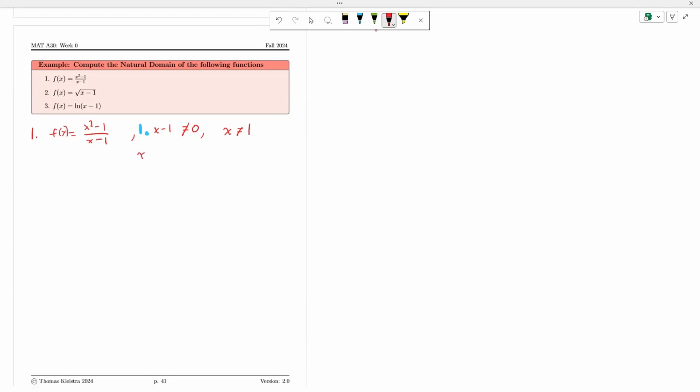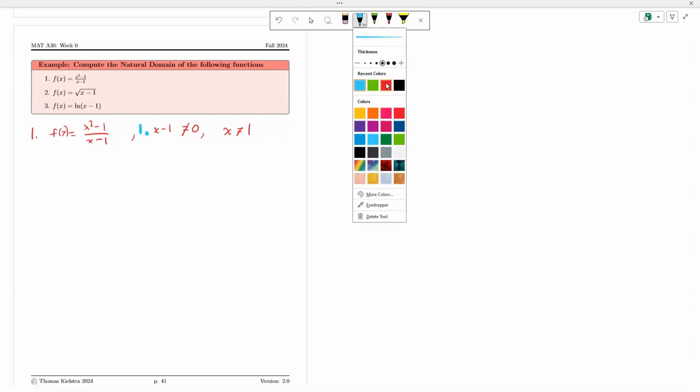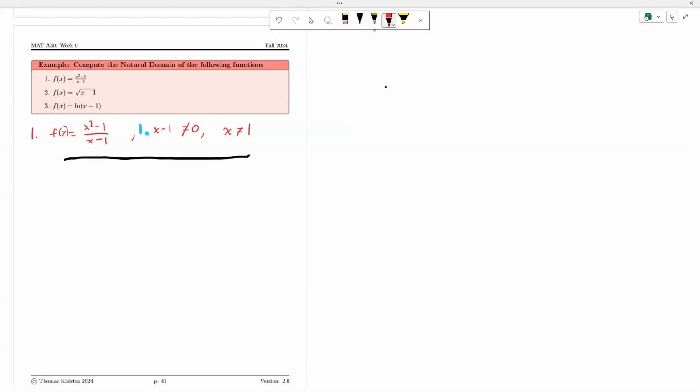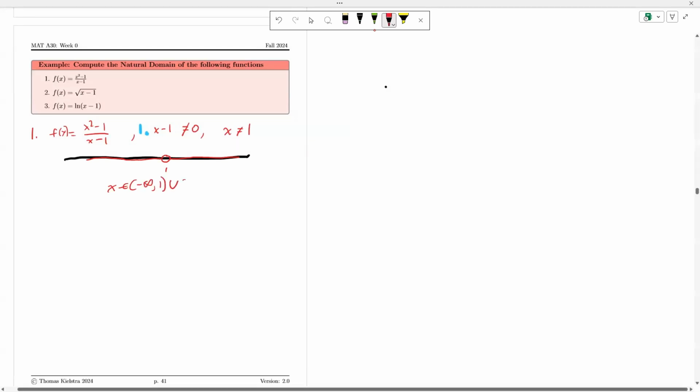This tells me that x is in, actually, let's draw this on a number line. Everywhere except for 1, I'm valid. So x is in minus infinity to 1, not including, so round bracket, union with 1 to infinity.